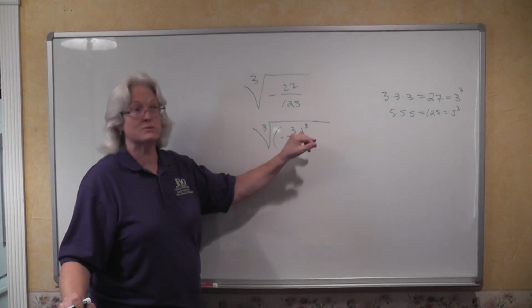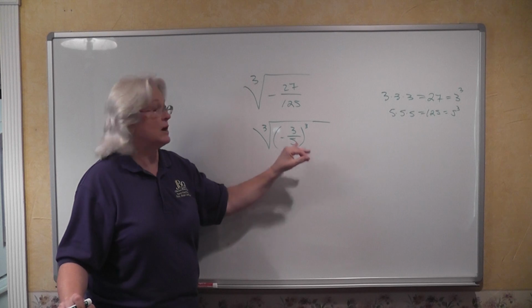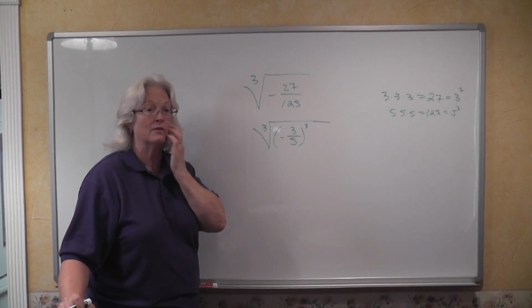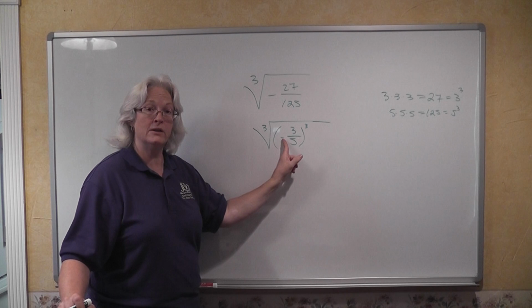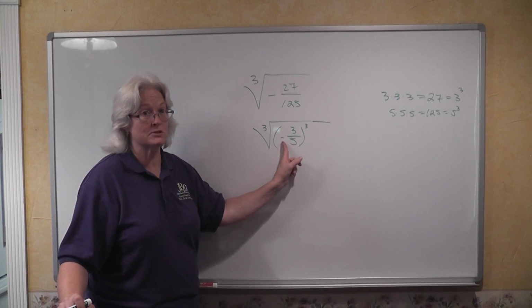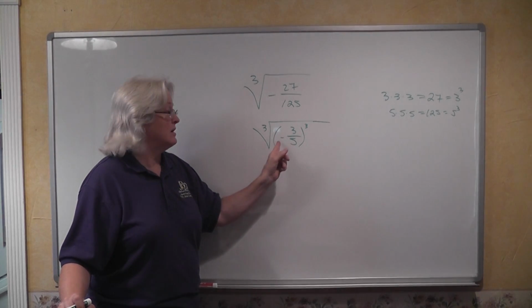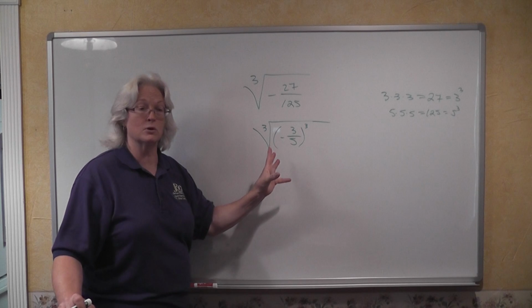Because 3 times 3 times 3 is 27, 5 times 5 times 5 is 125. And we have an odd number of negative factors. I'm sorry, I know I'm speaking Greek to you. We have an odd number of negative factors, so our product is going to be negative.